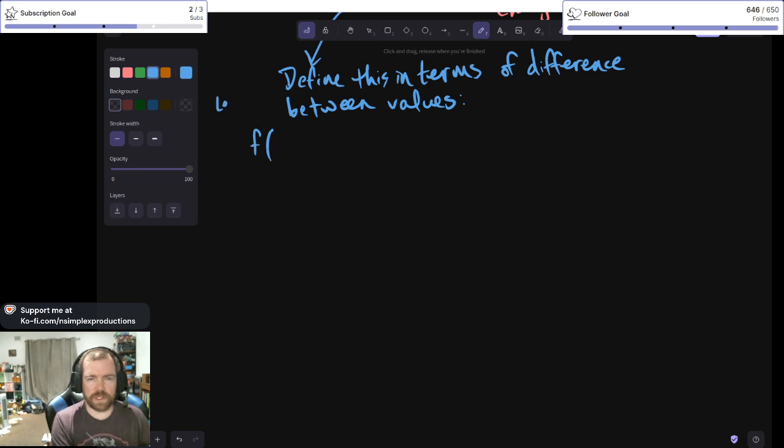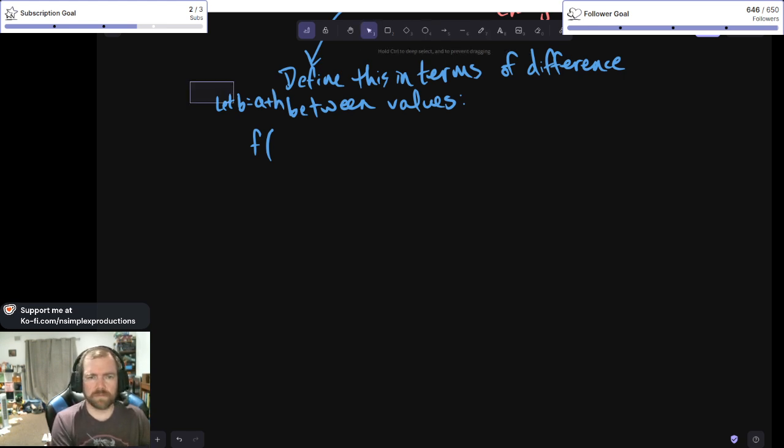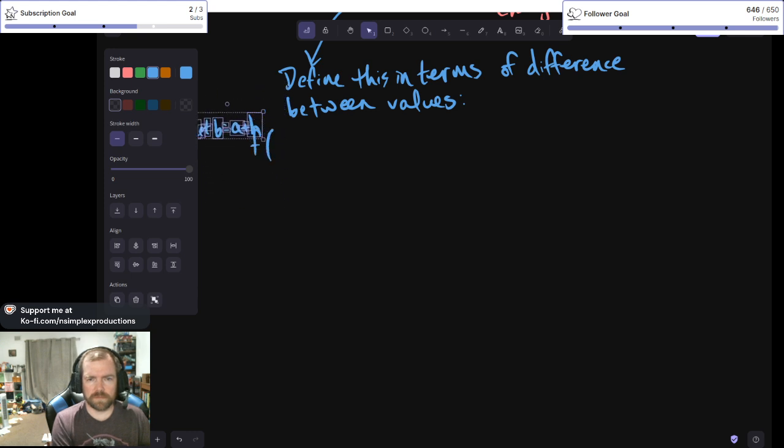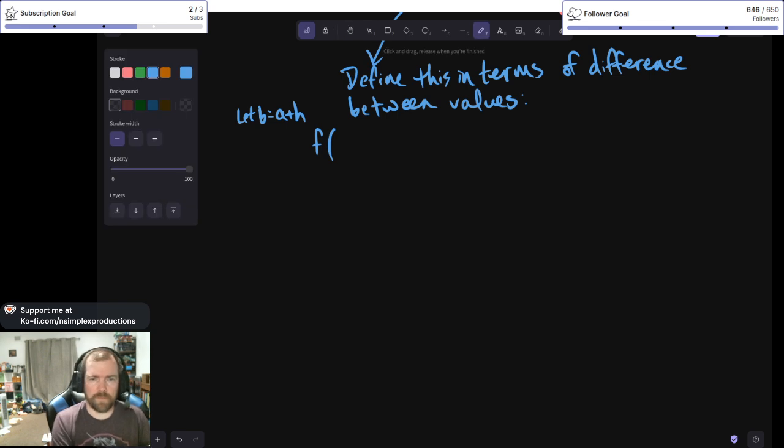So here we just let B be equal to A plus H. So now f at A plus H minus f at A divided by A plus H minus A. We're taking the limit as B, which was A plus H, is approaching A.